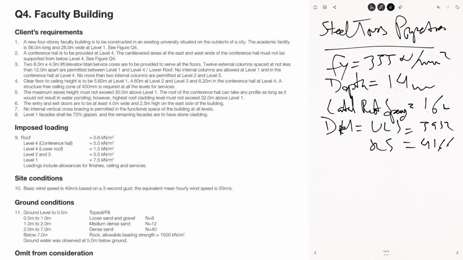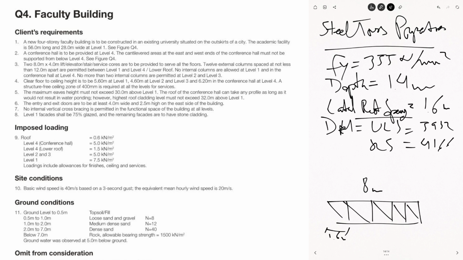Okay, what I mean by this lateral restraint spacing is that your beam is going to be 8 meters long. If you divide 8 meters by 5 equal sections, then 1, 2, 3, 4, 5. Each of them is going to be 1.6 meters, and this is 1.4.